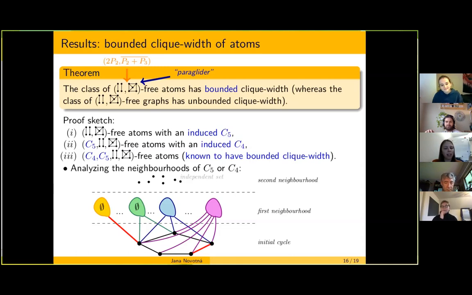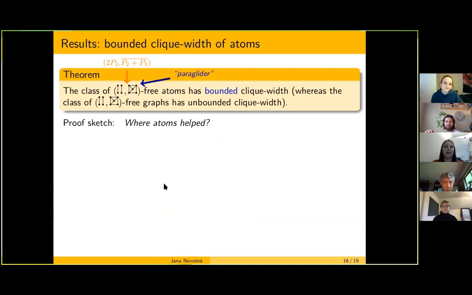But instead, I will show you where atoms helped in this approach, because everything else we could do without atoms.